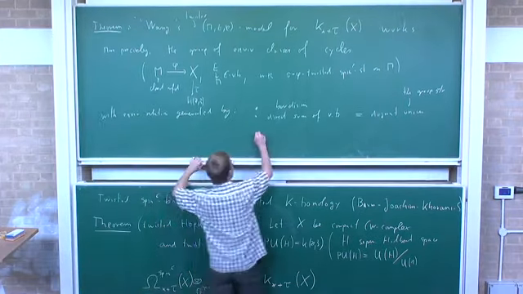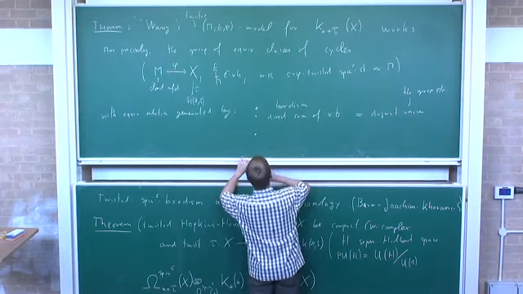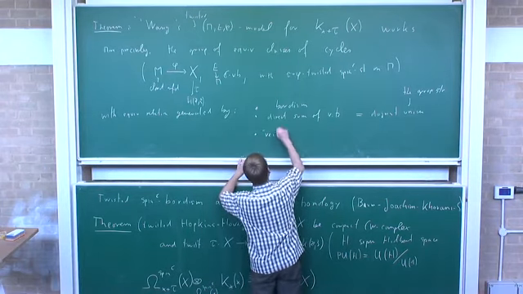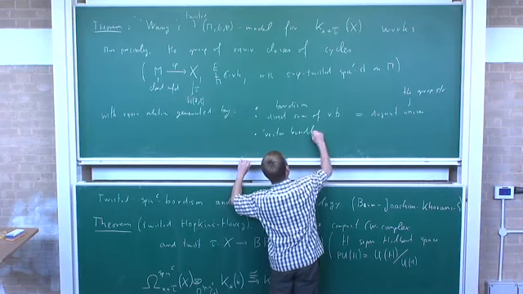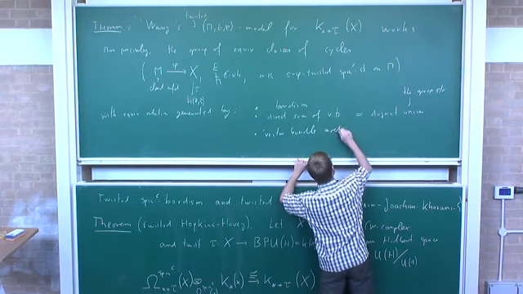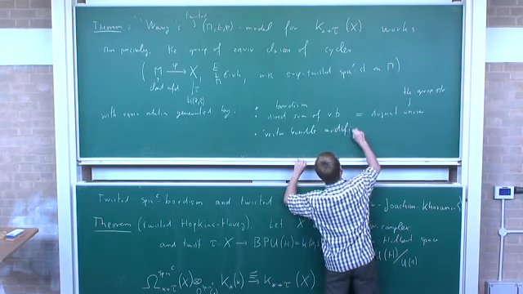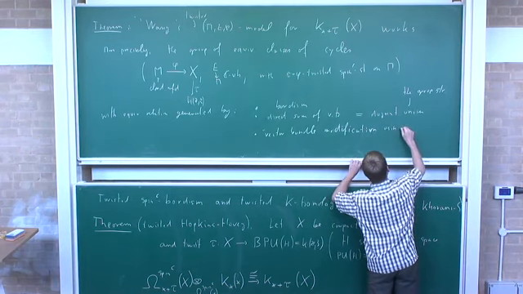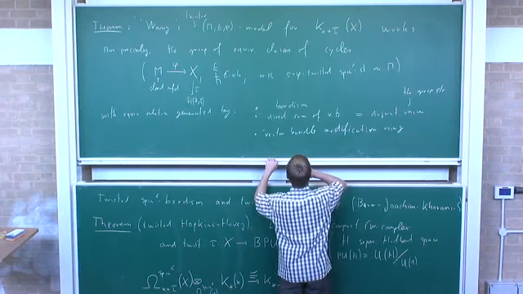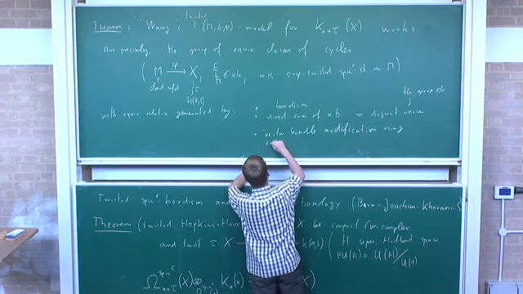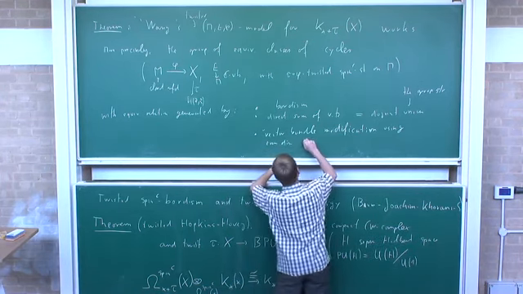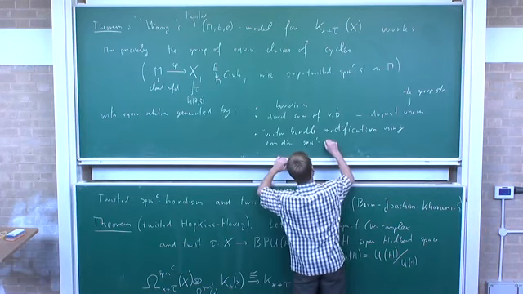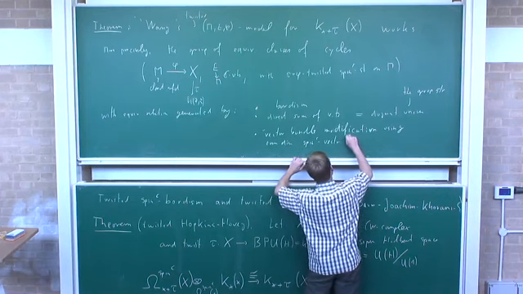Okay, what is the third thing? The third thing is a bit more complicated. It's called vector bundle modification using spin C vector bundles.